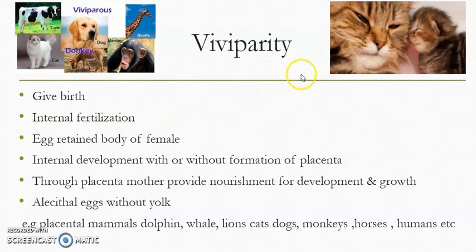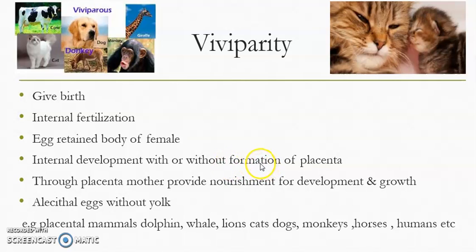The next term is called viviparity. Viviparity is the term used for those organisms that give birth. In such animals, the fertilization is internal, in which the egg is retained within the body of the female, and the whole development takes place within the body of the female, either with the use of a placenta or with the use of yolk.